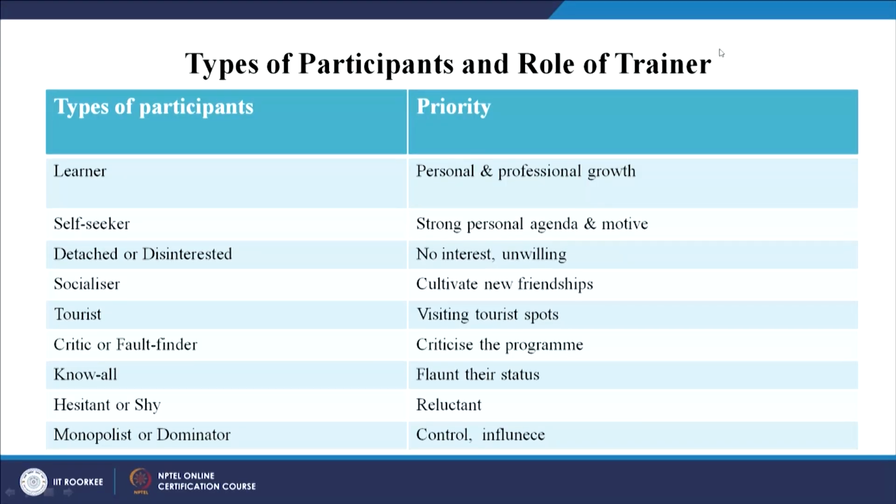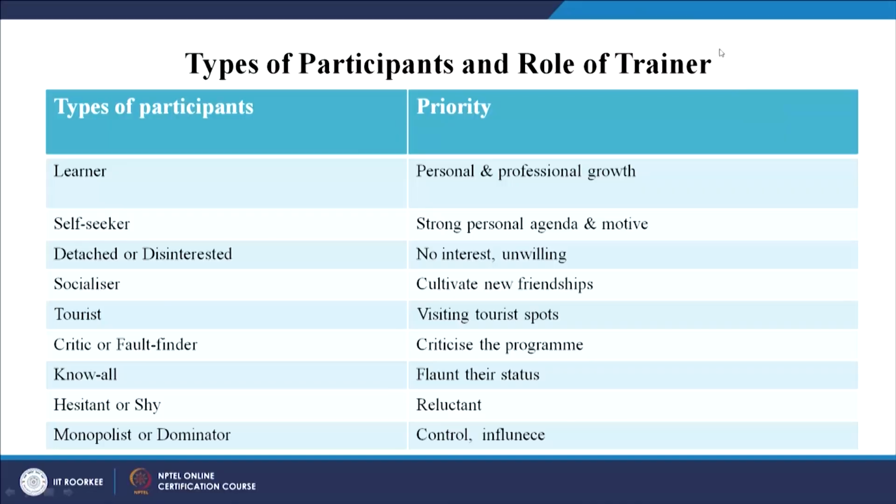Some types of participants are know-alls, who flaunt their status. They will say yeah, I know this thing, I know that thing, yeah, it is old, it is not new, tell me something new, oh no, this is not new, I know this. So they know all. Hesitant or shy also. This type of participant will be reluctant because they show hesitance and shyness.